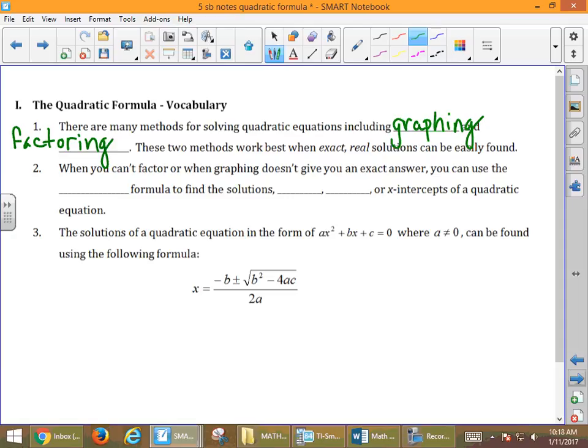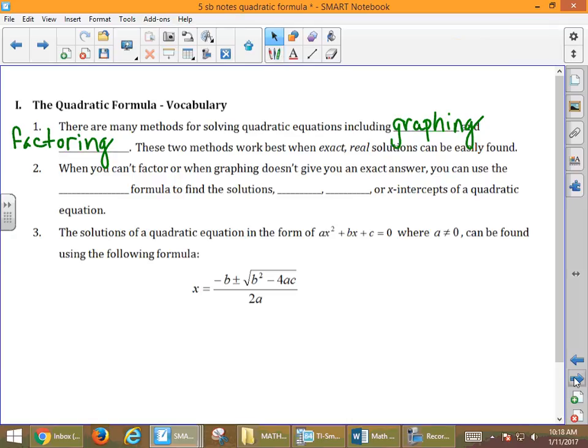These two methods work best when we actually can see the answers. What we said on Monday is that the answers were whole numbers. How can you tell if it's factorable? That was one of the ways that we said we could do it.